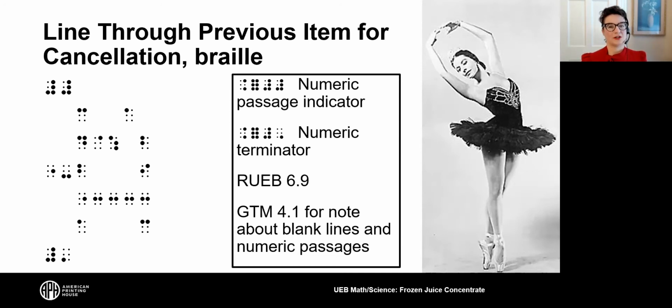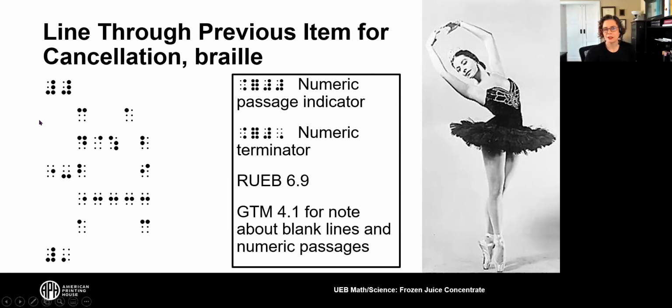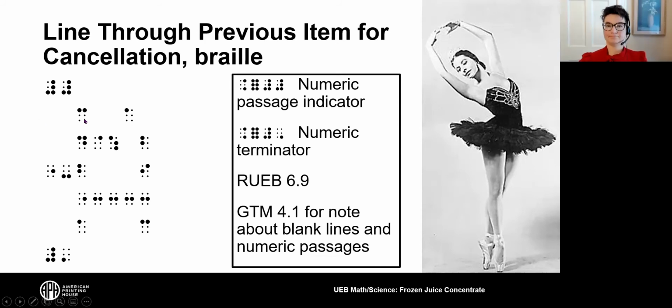So every spatial arrangement needs to be preceded and followed by a blank line, or a line with only the numeric passage indicator or the numeric terminator.